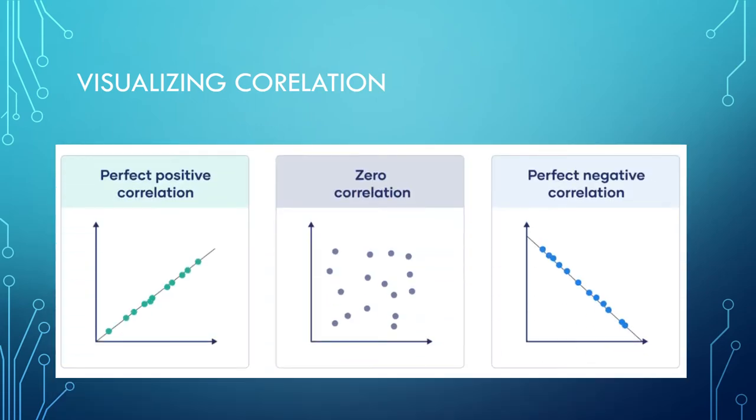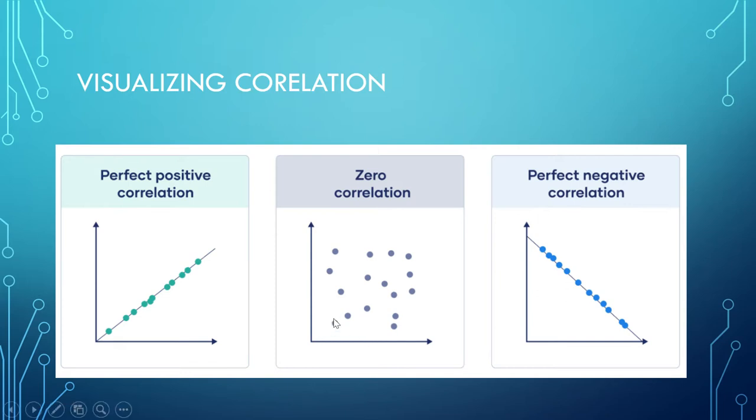Let's understand this through these figures. In the first figure, as you can see, we have a perfect positive correlation, i.e., when the value on the horizontal axis increases, with the same proportion the value at y is also increasing.